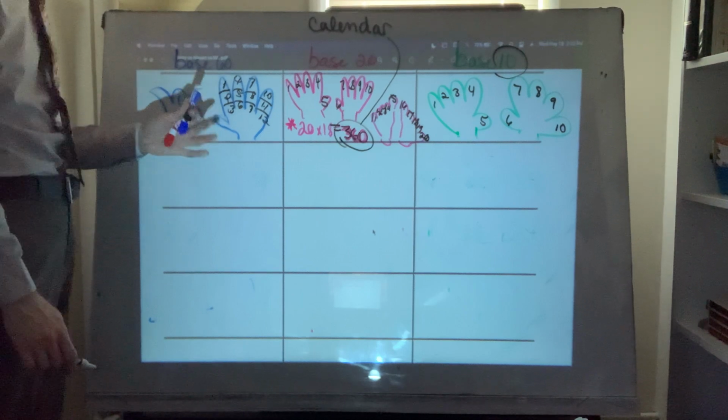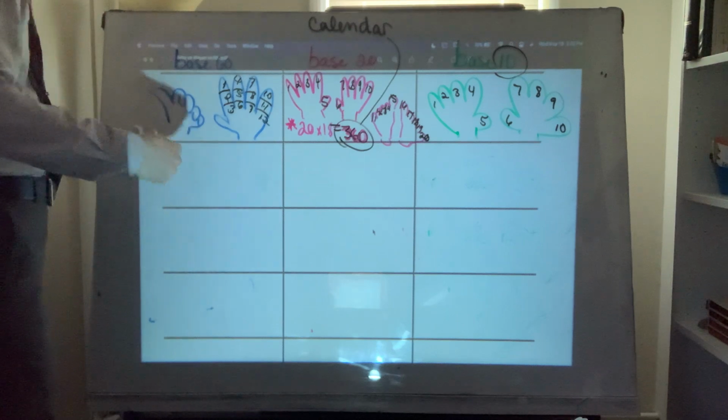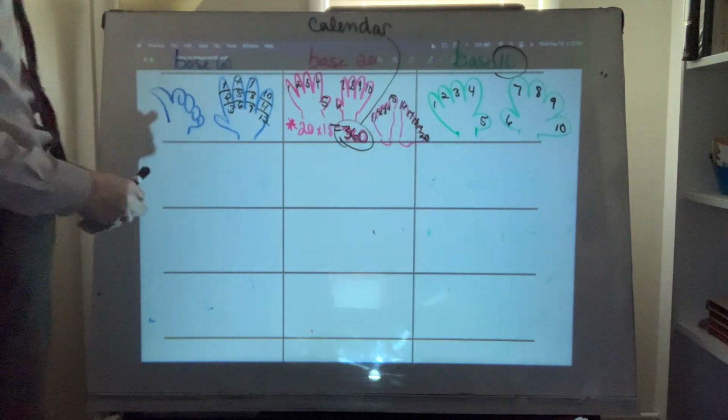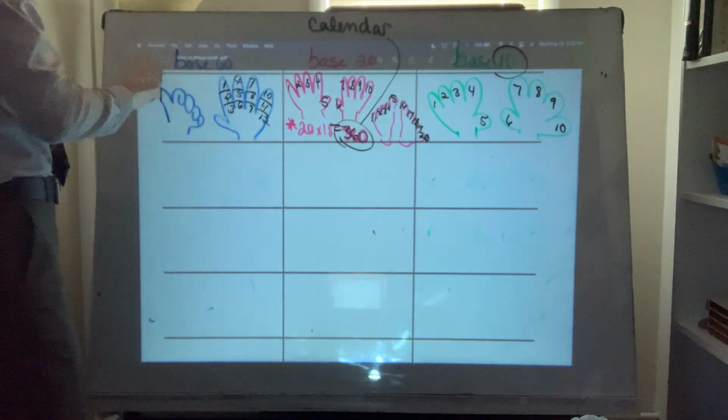And if you're trying to keep track, just using your hands of counting, which would be practical, you use the other hand to go, well, this is the first 12.